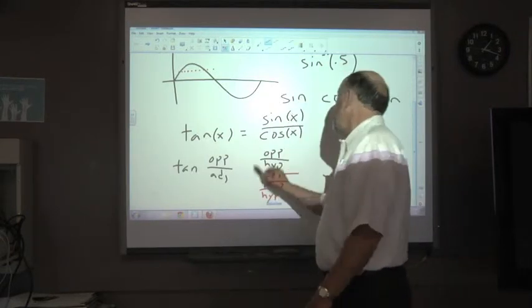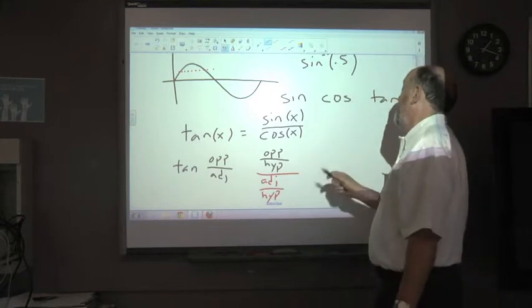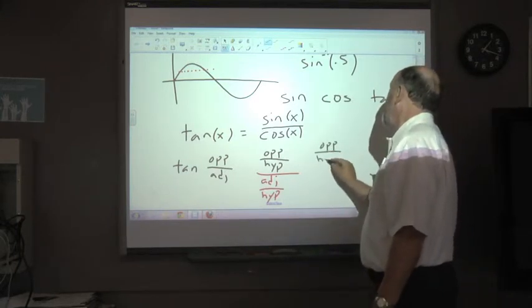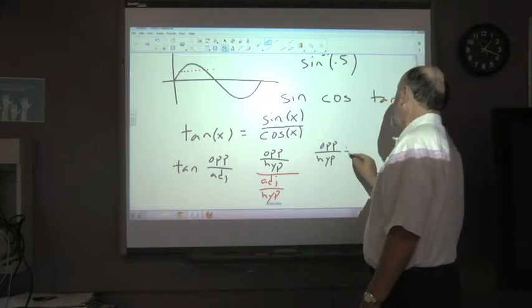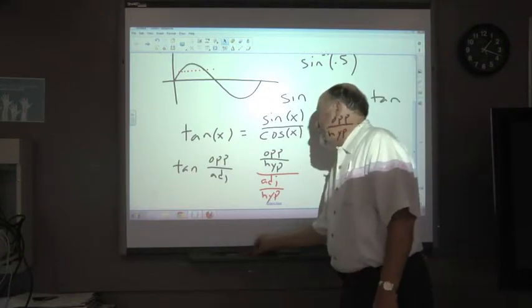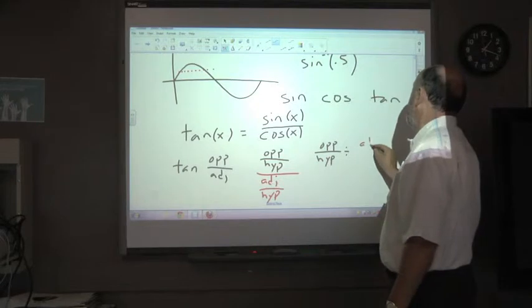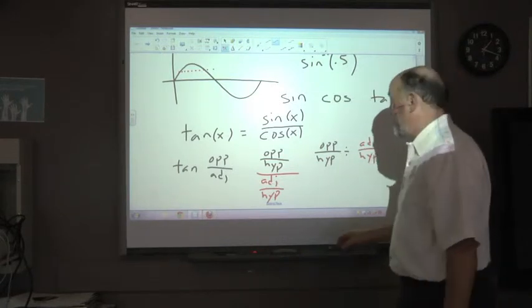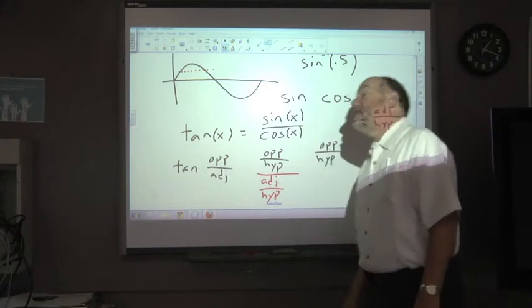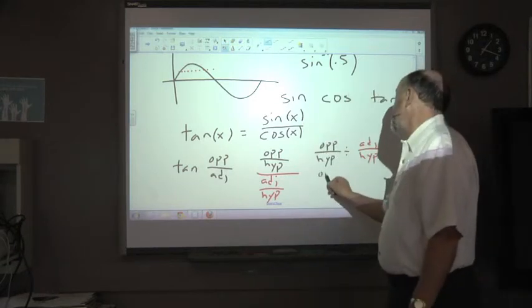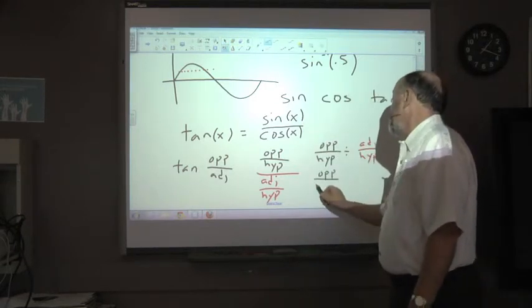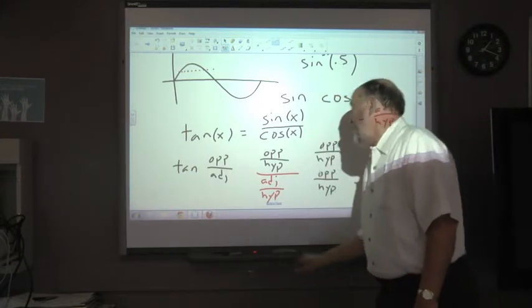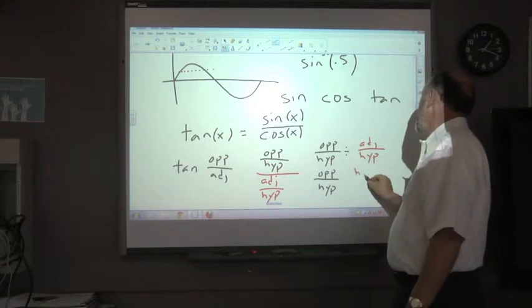And so if I look in terms of this compound fraction, we have opposite over hypotenuse divided by adjacent over hypotenuse. And the way you divide fractions is to leave the first one the way it was, change the sign to multiplication, and flip the second one over.